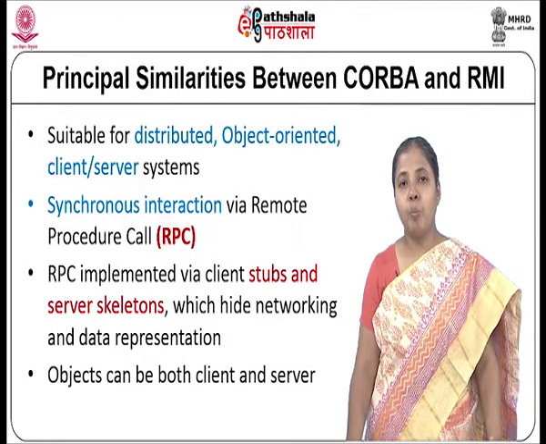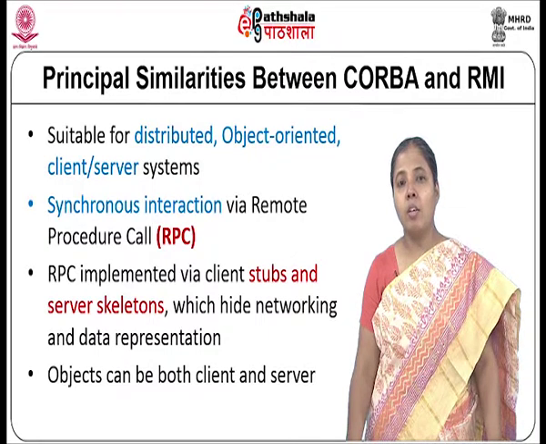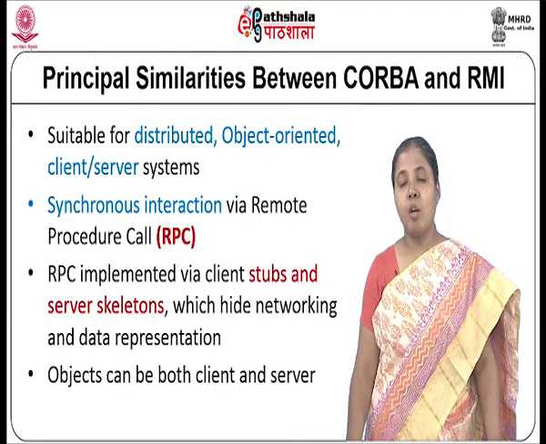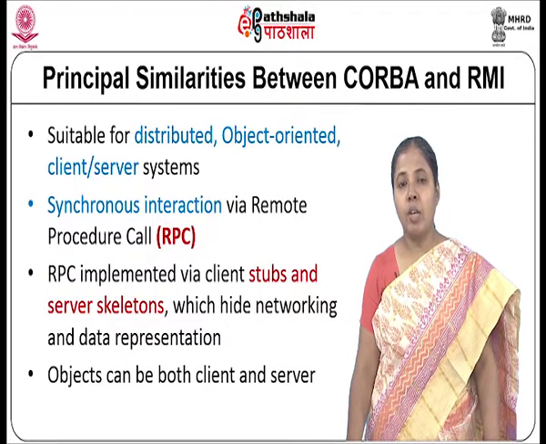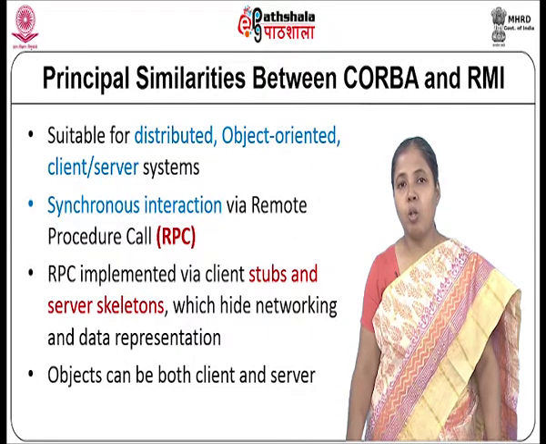Both RMI and CORBA allow synchronous interaction via remote procedure call, and this RPC is implemented using client stubs and server skeletons, which hide all the networking and data representation. The client and the server, both of them, are treated as objects. So, CORBA and RMI are similar.